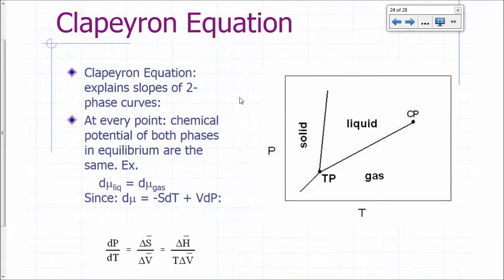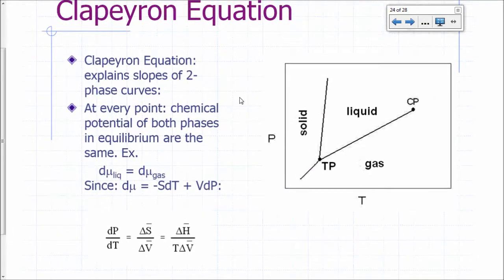All right. The Clapeyron equation explains the slopes of the two-phase curve. So this slope right here, why is this slope that way? Why is the shape of that curve that way? Why is it sloping that way? And why is this solid curve steeper than the liquid gas curve? The solid gas curve, why is this steeper than the liquid gas curve?